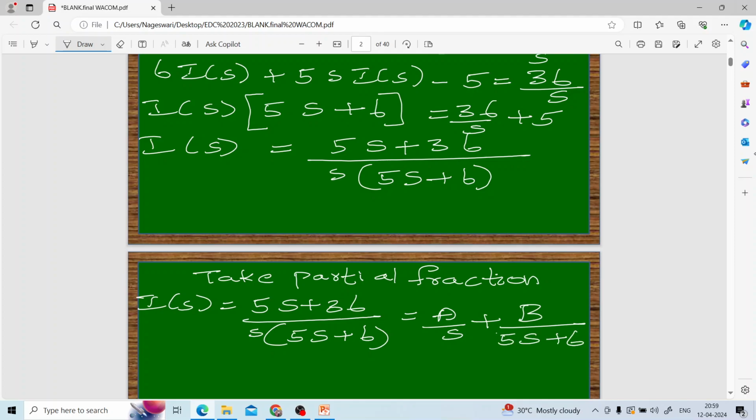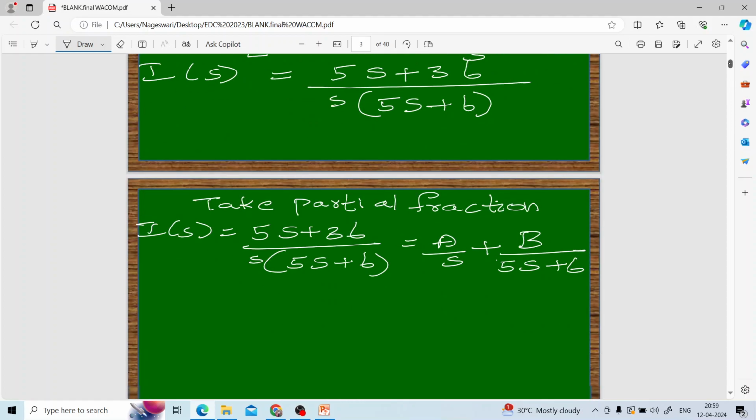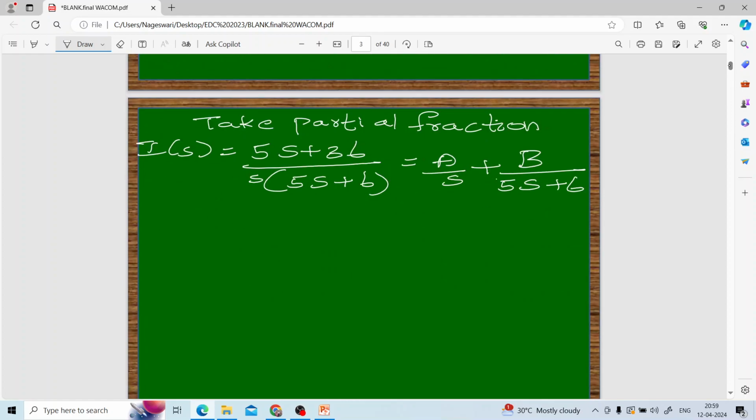So therefore 5s plus 36 is equal to a into (5s plus 6) plus b into s.